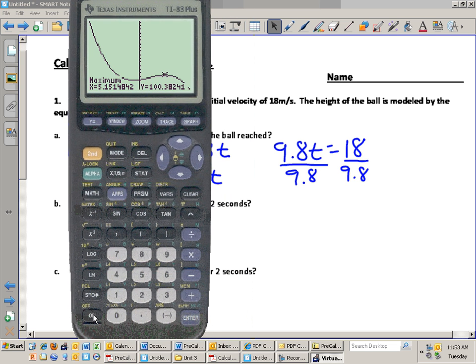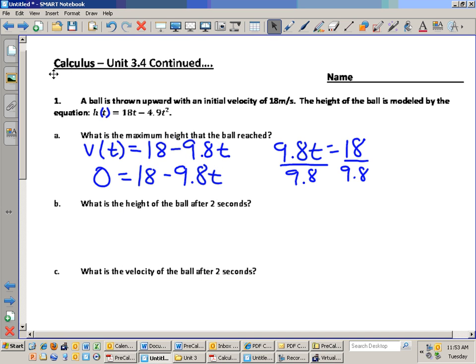Stuart even sees my calculator, which is really cool, I think. 18 divided by 9.8 is 1.84. We'll round to the nearest hundredth. Time is equal to 1.84. 1.84 what? Seconds.